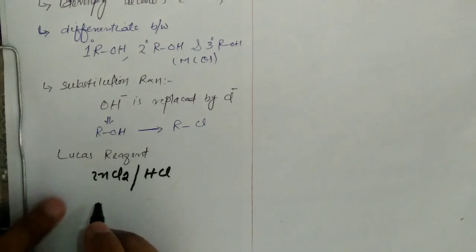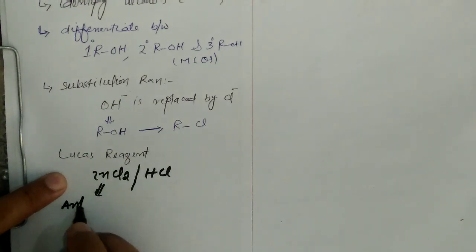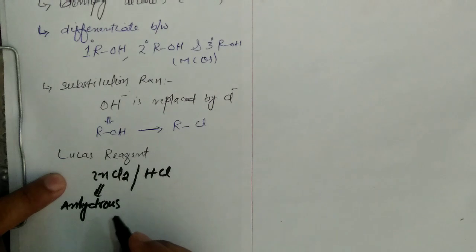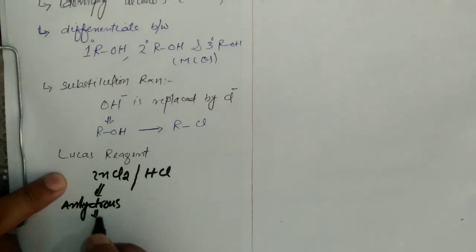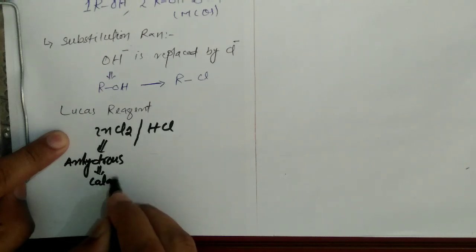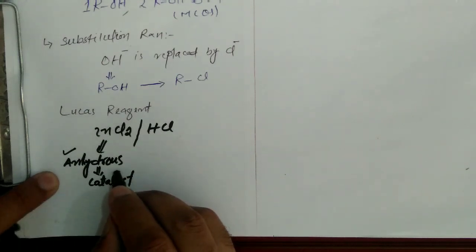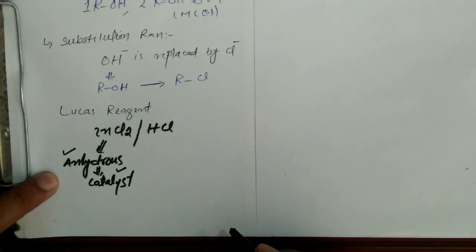So remember, we use anhydrous ZnCl2, which acts as a catalyst. So this is also an MCQ, and that it acts as a catalyst, this is also an MCQ.